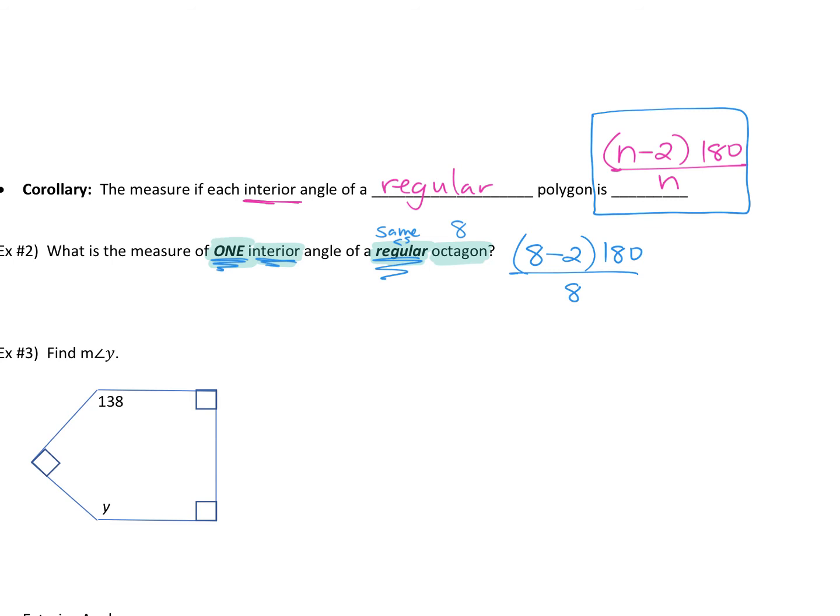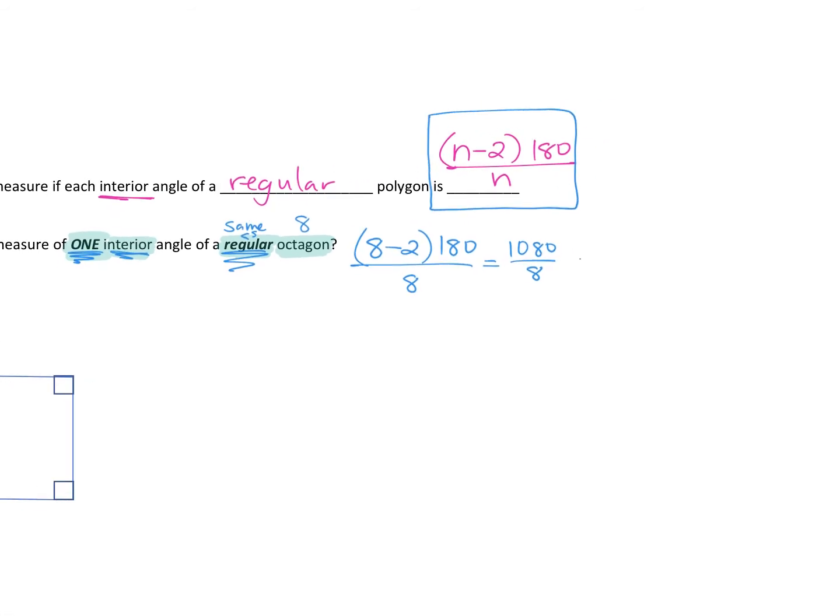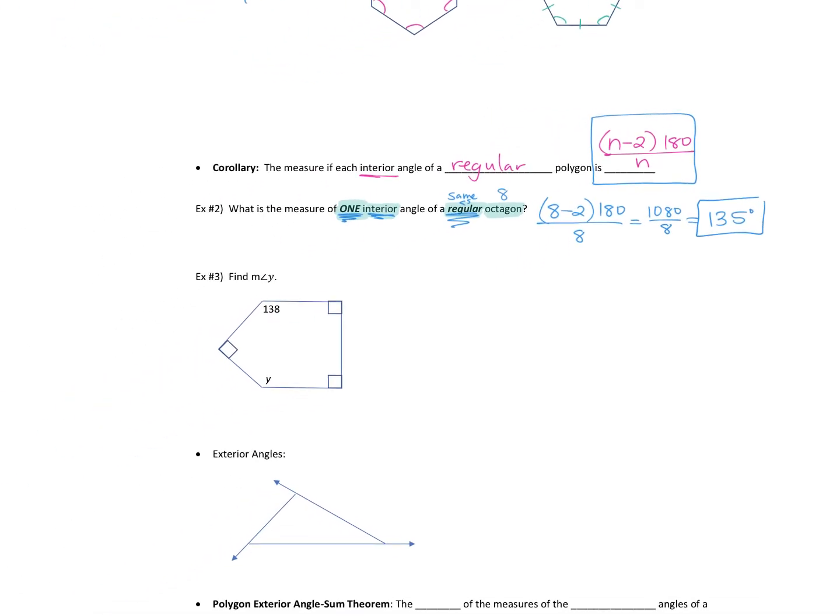Now divide that by 8, and 1080 divided by 8 is 135 degrees. So one interior angle of a regular octagon would be 135. Is this making sense? If it's not, tell me. I can give you more examples.